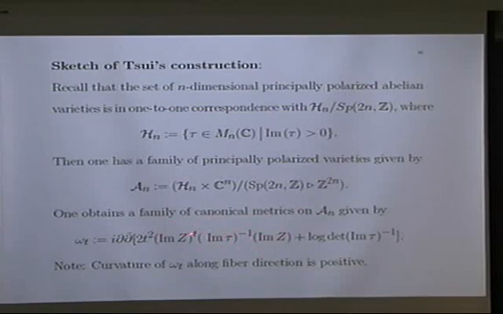So this metric is such that on the fiber it's the flat metric, and then you add this log det of imaginary part of tau inverse, which is the Bergman metric on H_n.